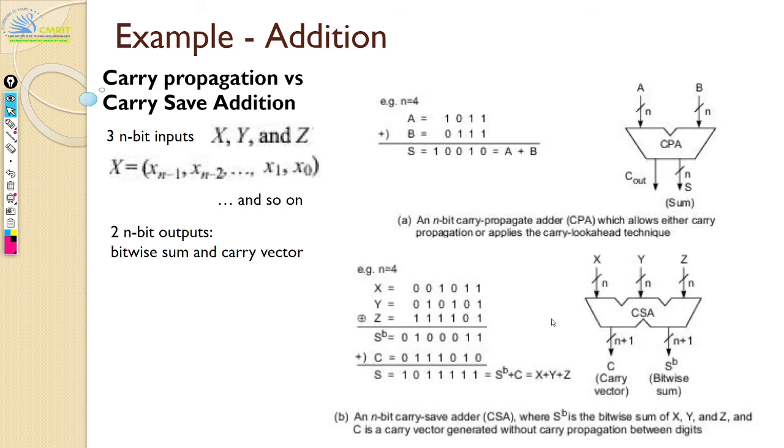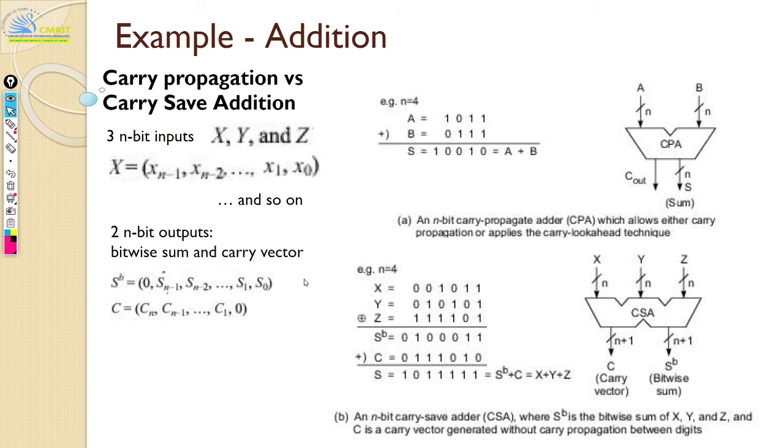So this is the example for carry save addition. What you have here is the logic, and all you're going to deal with is logic. It's something very simple that we have already seen in your earlier digital logic class.